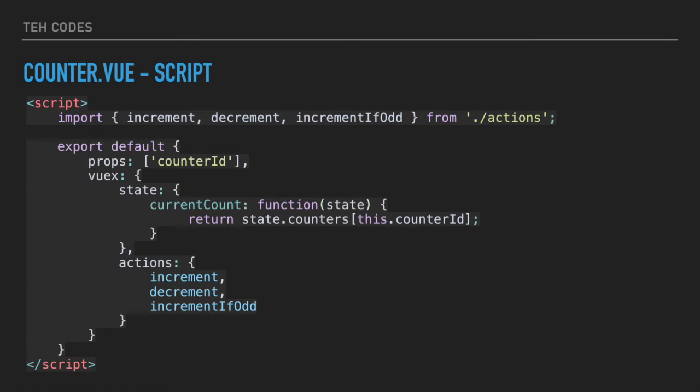So state.currentCount is a function that takes the state as its first argument and then returns something of the current state.